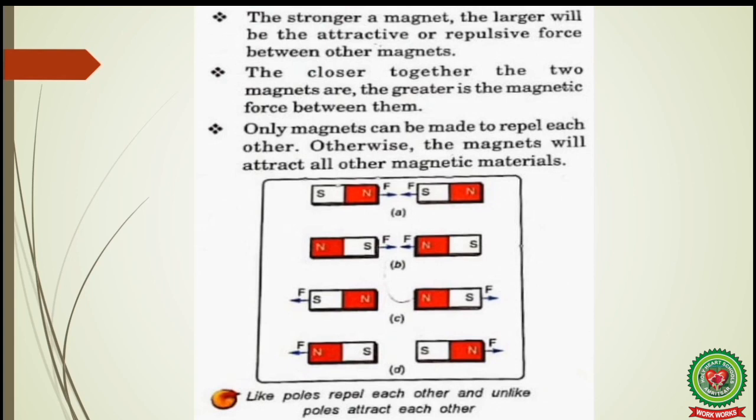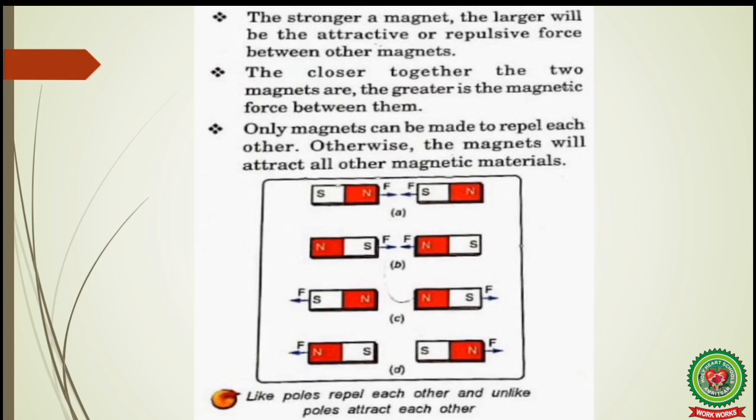Students, let's read the topic for better understanding. The stronger a magnet, the larger will be the attractive or repulsive force between other magnets. It means if a magnet is strong, its magnetic force will be strong. The closer together the two magnets are, the greater is the magnetic force between them.